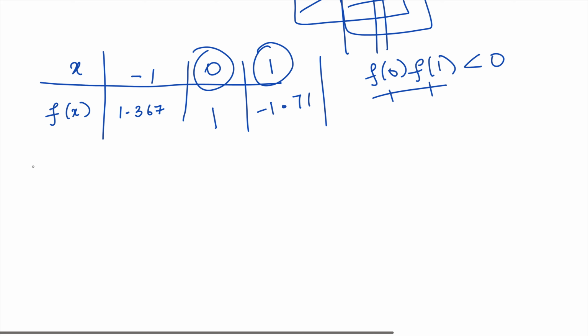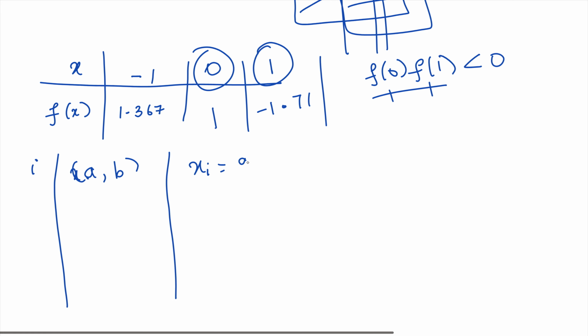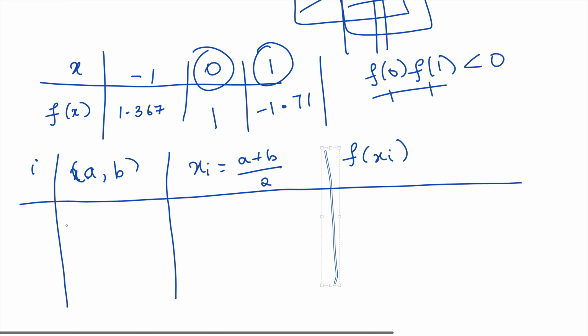So now let's draw the table. We'll have i here, then the interval a comma b, then xi, which is a plus b by 2, and then f of xi. Now first step, we know that the interval is 0 and 1.